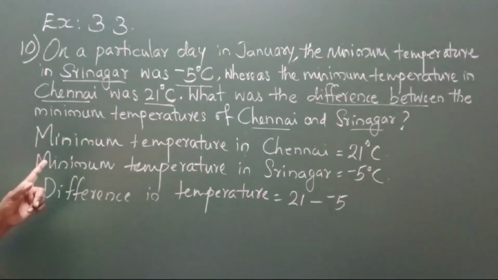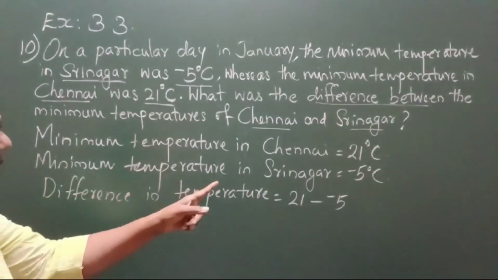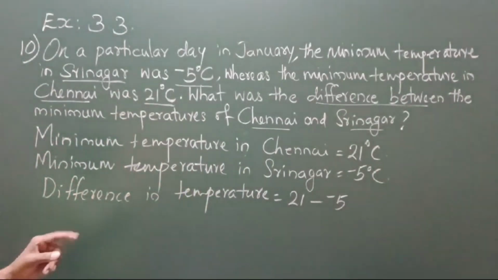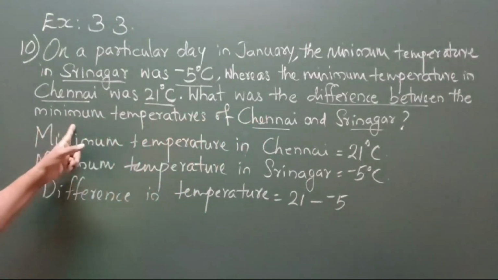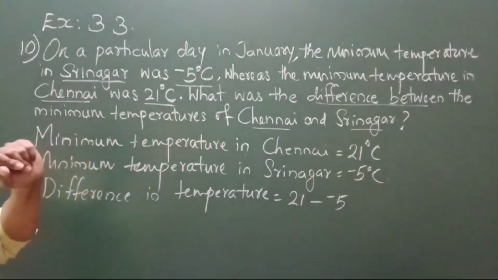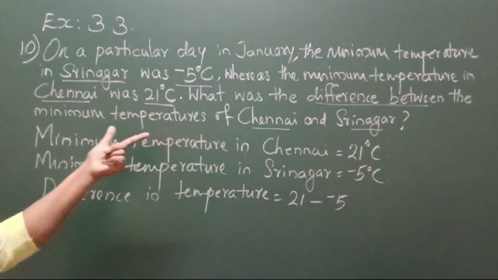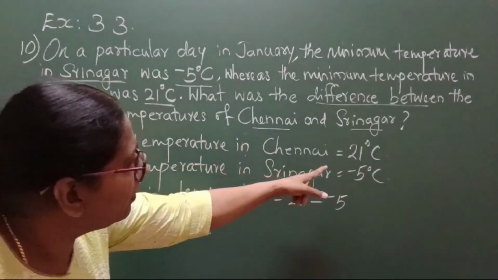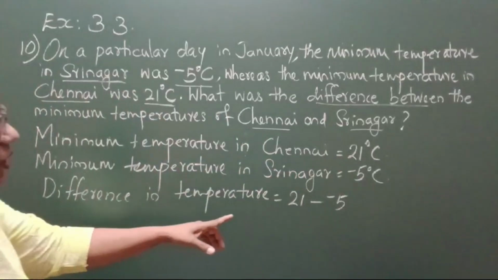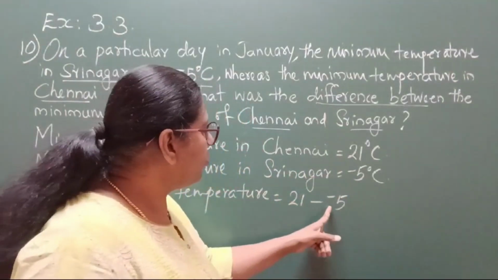The minimum temperature in Chennai is 21 degrees Celsius. Minimum temperature in Srinagar is minus 5 degrees Celsius. The question asks, what was the difference between the minimum temperatures of Chennai and Srinagar? So these two places' temperature difference we have to find out. First place is 21 degrees Celsius, so 21 minus. Second place is minus 5 degrees, so minus 5.